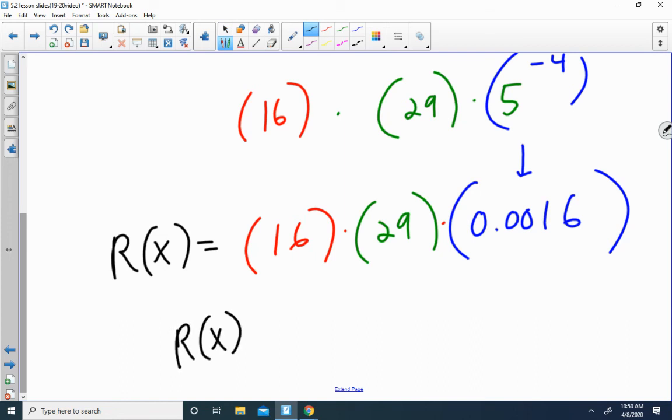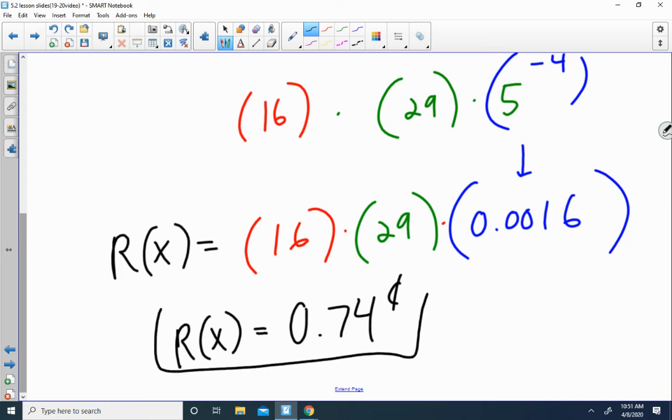So after selling 16 units of whatever, or 16 cups, for example, your profit is only 74 cents. So we probably either need to sell some more units, or we need to decrease the cost of making these units. So that's probably a sign to say we need to fix something to make a little bit more profit.